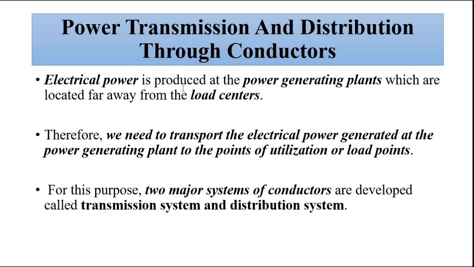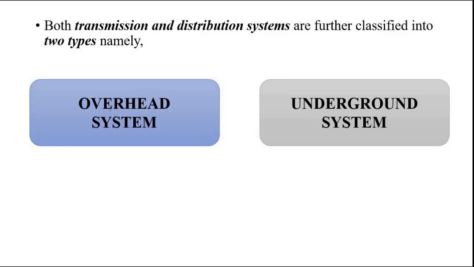Okay, the two main categories. The two major systems of conductors which are developed for the transmission and distribution system are the overhead system and the underground system. As the name suggests, it is clear where and how the conductors are installed.